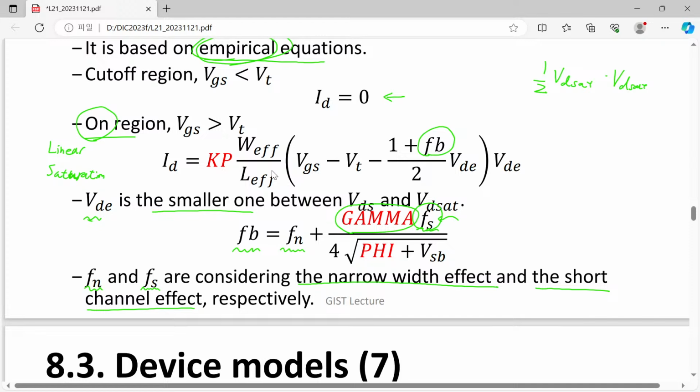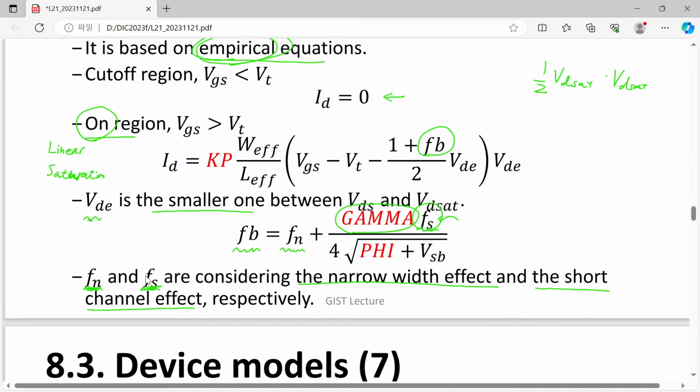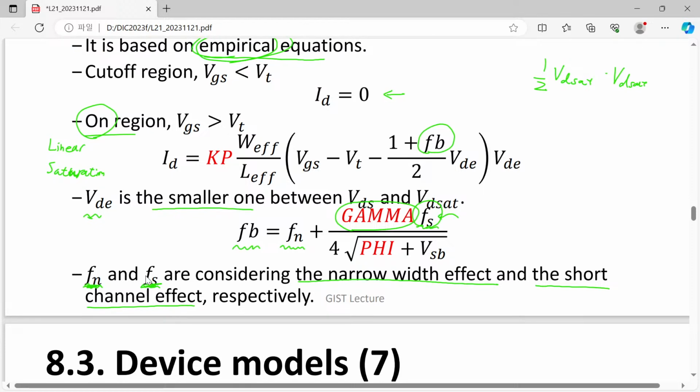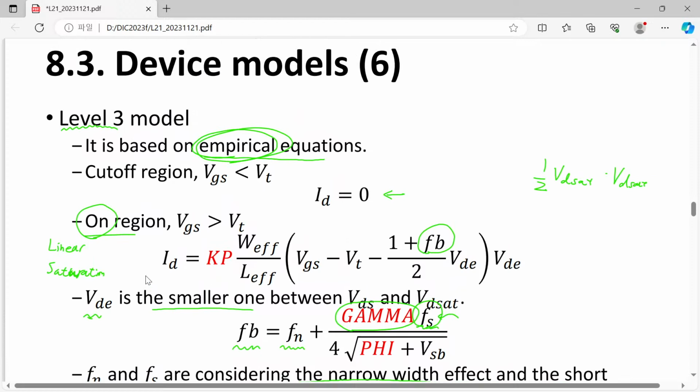Although I'm not showing their expressions, when you open the manual, you can find that they are quite complicated functions of many different parameters. They are hidden for simplicity in this slide. But you know that compared with level 1, level 3 contains a lot more parameters.